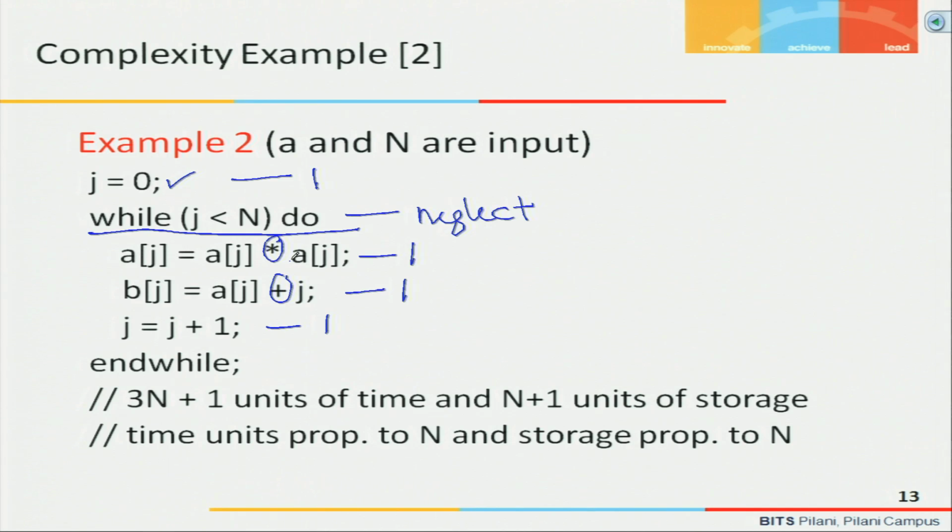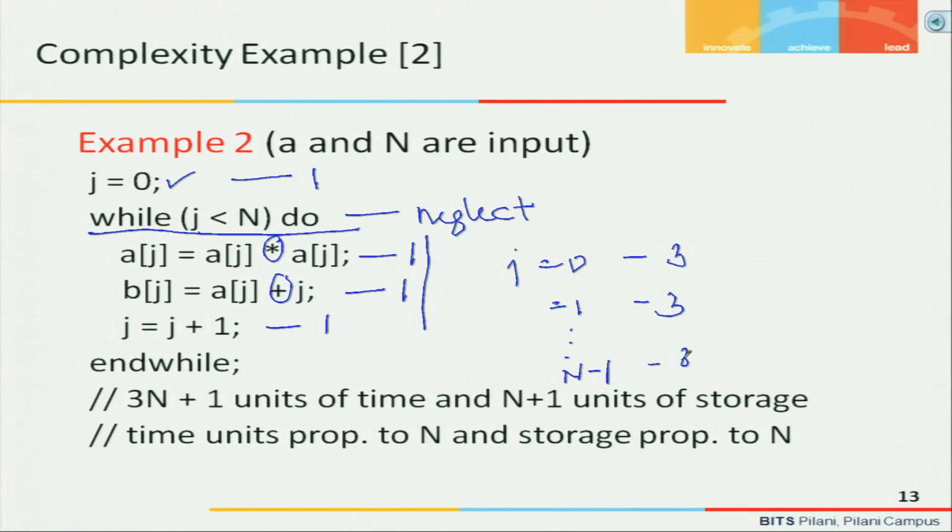Now, these 3 steps are going to be repeated for all values of j. Right. So, as j goes from 0, we are going to do it 3 times. As j equals 1, we will do this another 3 times, and up till n minus 1, since j is less than n, so j will be n minus 1, we will do it 3 more times.